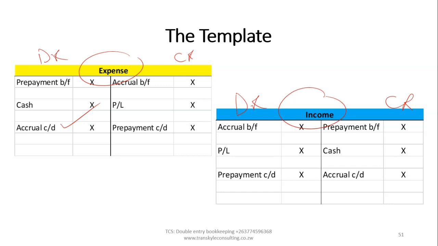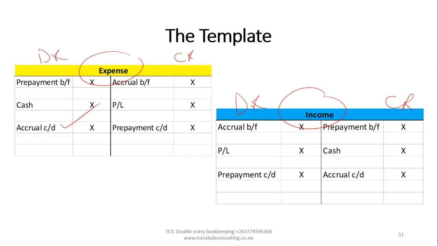So if you just remember how the expense account is presented, then even if in the exam a question from the income side has been given, just know that the income account is a reflection, a mirror, of the expense account.